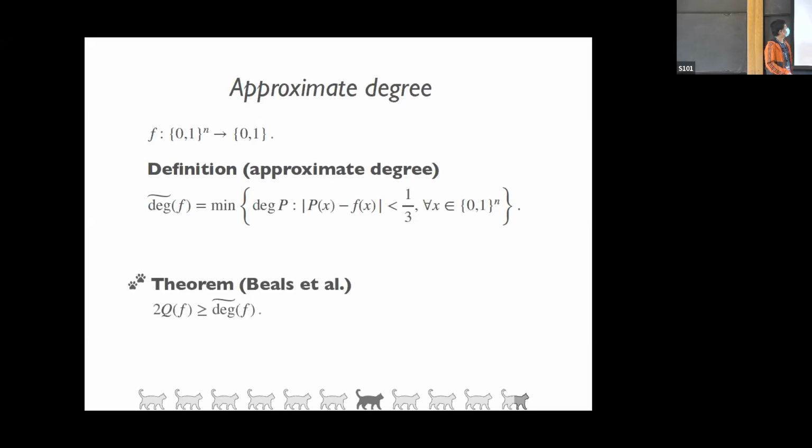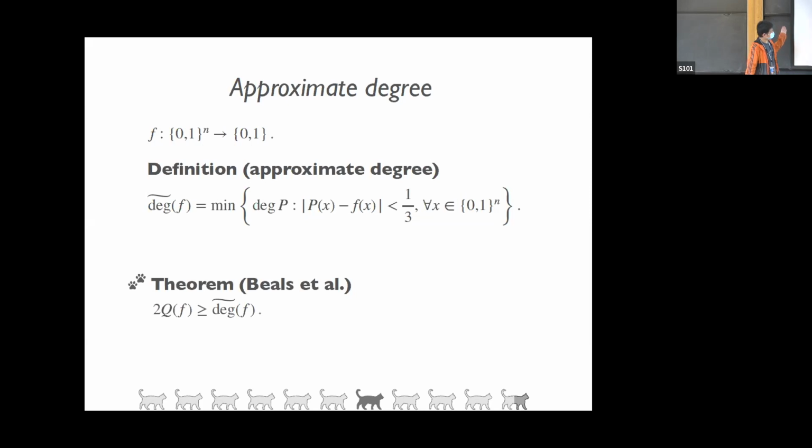We can now summarize all we discussed so far by the following theorem. A quantum algorithm gives you a polynomial that approximates your function f. So 2 times the quantum query complexity of a function is at least the approximate degree of the function f.